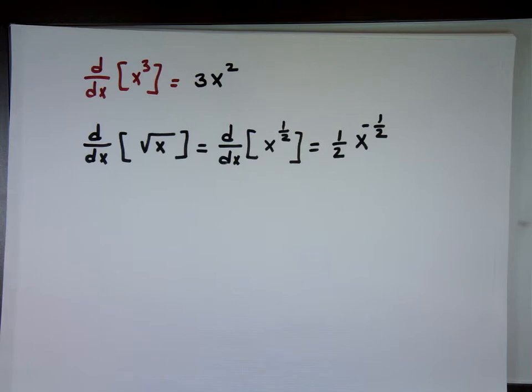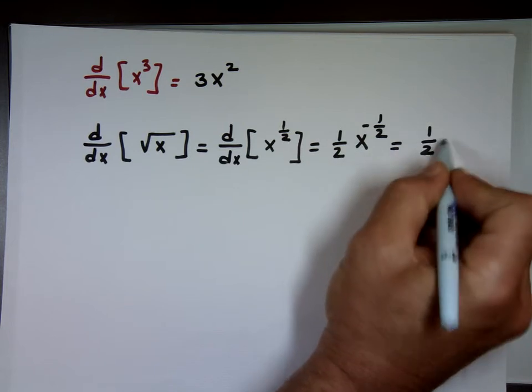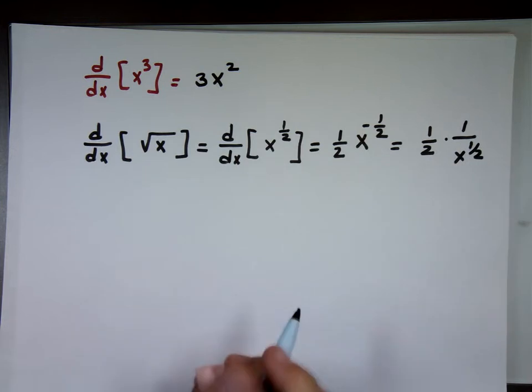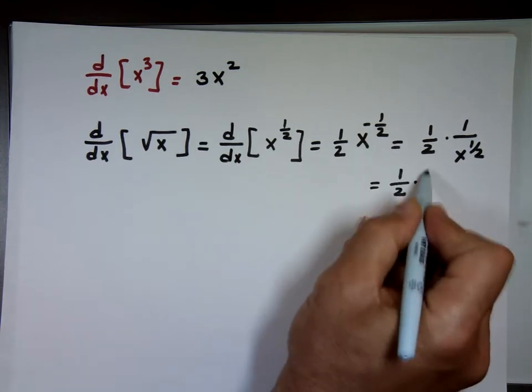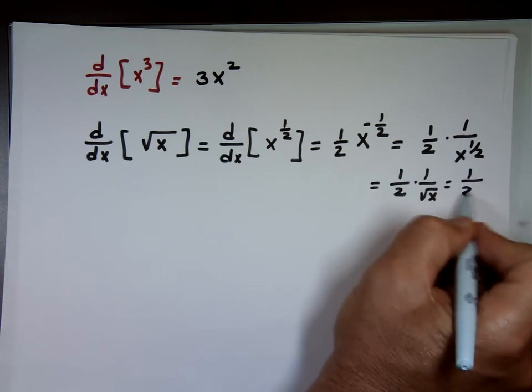If you don't like negative exponents, you can make it 1/2 times 1 over x to the 1/2, which is 1/2 times 1 over the square root of x, which is 1 over 2 the square root of x.